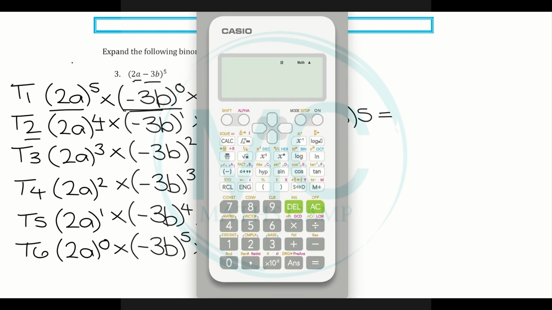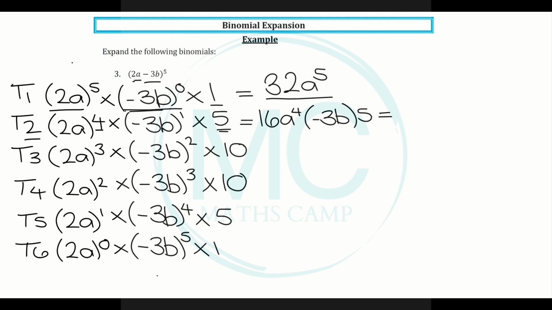Now I can take my calculator. 16 multiplied by negative 3 multiplied by 5 is equal to negative 240. So I have negative 240 a with an exponent of 4, b. This is my second term. Now let's look at our third term. 2a cubed becomes 8a cubed.